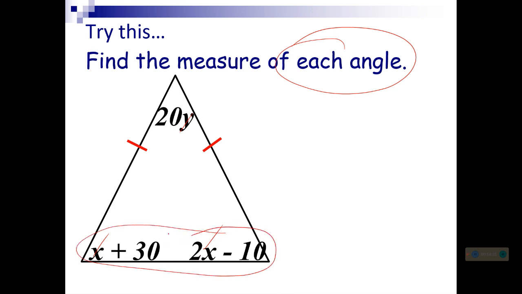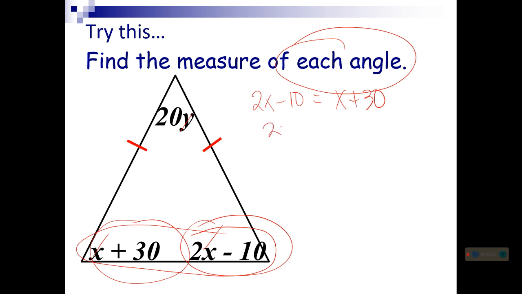They are the given for the two base angles, so you are going to equate these two angles. So we are going to have here 2x minus 10 is equal to x plus 30. And then you will have here 2x minus x equals 30 plus 10. So 2x minus x is x, then 30 plus 10 is 40. So we now have the value of x.